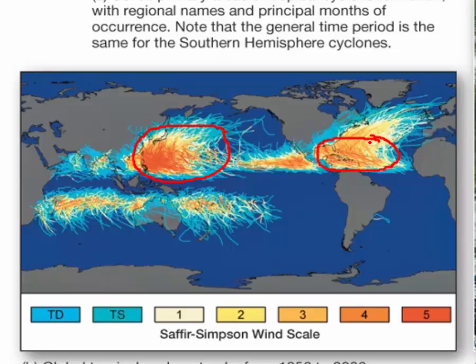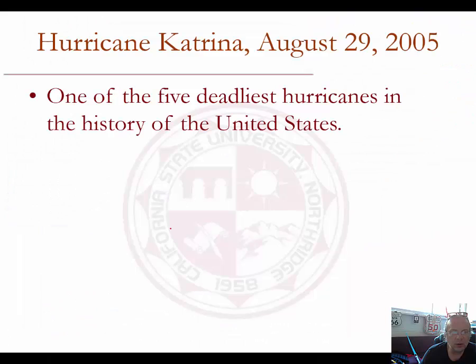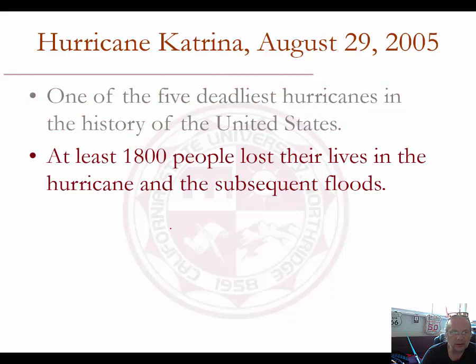Notice that although we are here in the United States well versed with hurricanes, typhoons are more common and more deadly over in the far western Pacific. The most famous of all hurricanes is Hurricane Katrina, the one that hit the city of New Orleans in 2005. About 2,000 people lost their lives in the hurricane, but it's the flooding that frequently kills more people.